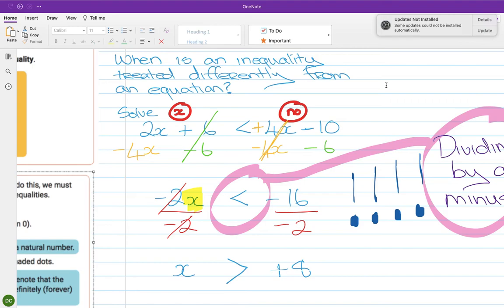Okay? You might need to listen back to that again, but that is the explanation as to why dividing by a minus changes things, and also how to deal with it. So you solve as normal, and it's only when you're doing the final bit, where you're trying to isolate x, that if you are forced to divide by a minus, then you have to switch the inequality.